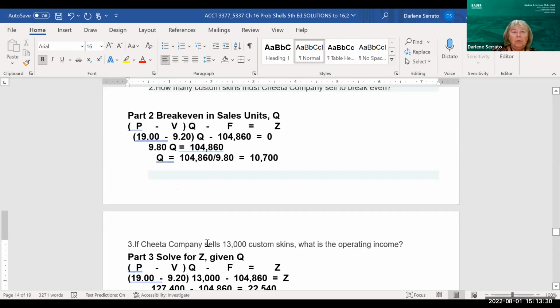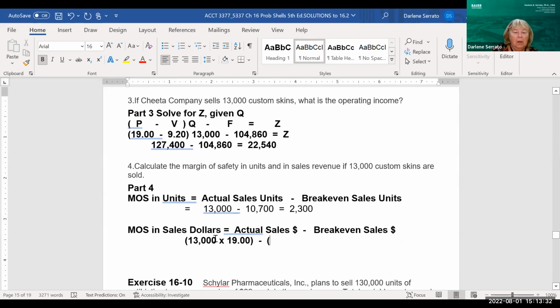PQ, we didn't do PQ, did we? No. Minus 10,700 times 19. And that's going to give us 43,700. Or I could have taken the 2,300 and multiplied it times the $19.